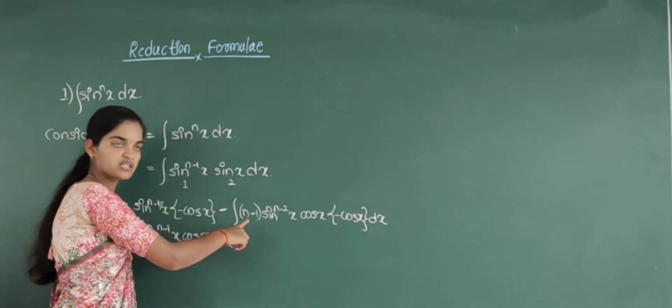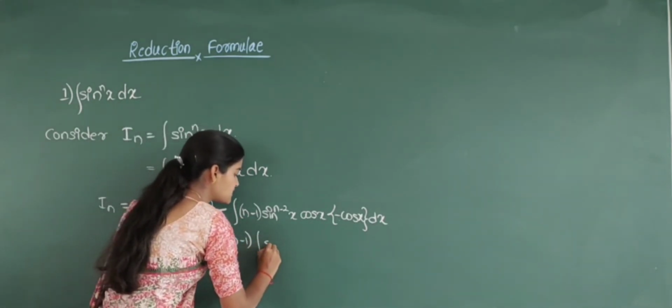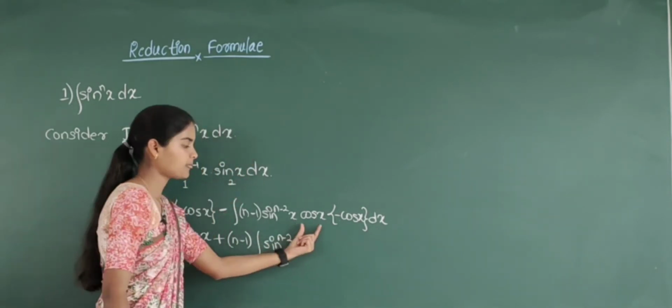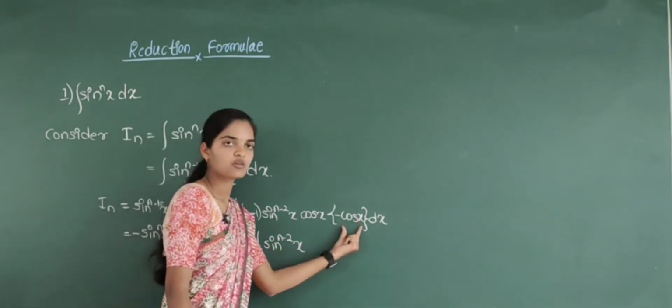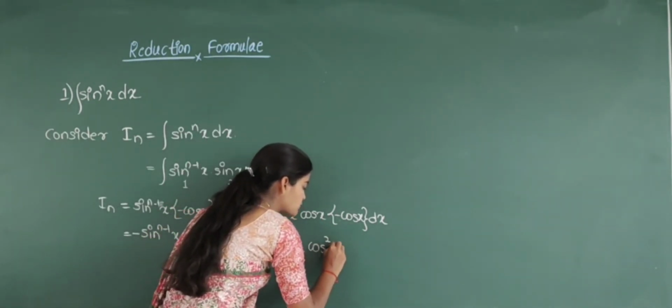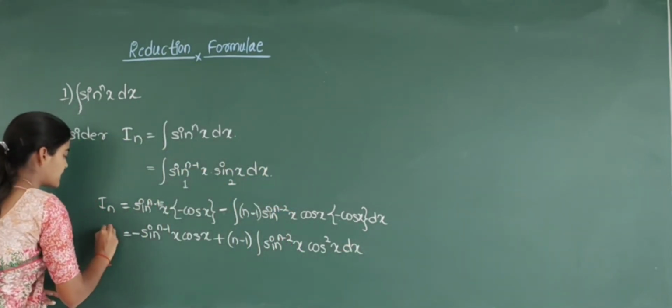The constant term n minus 1 I write outside, and the remaining is the integration of sine raised to n minus 2 x; here cos x and cos x, so cos into cos I can write as cos square x into dx. So this is our In.